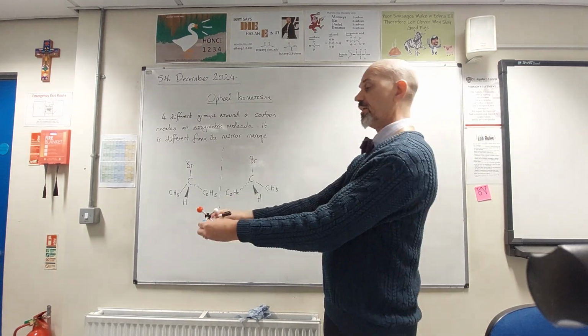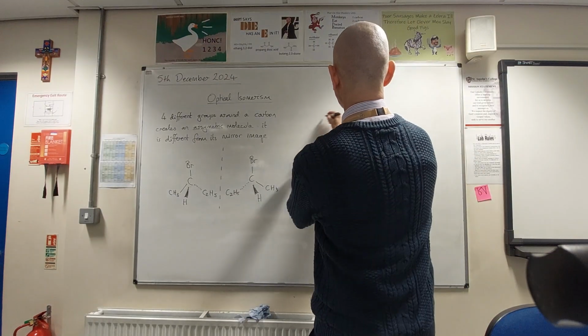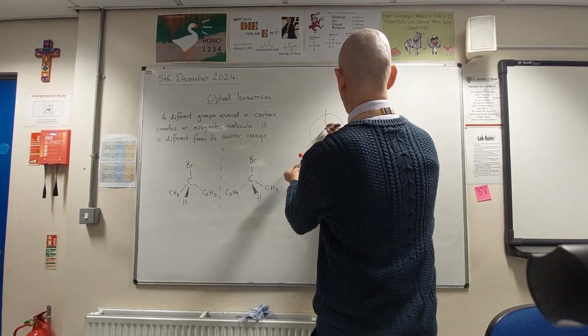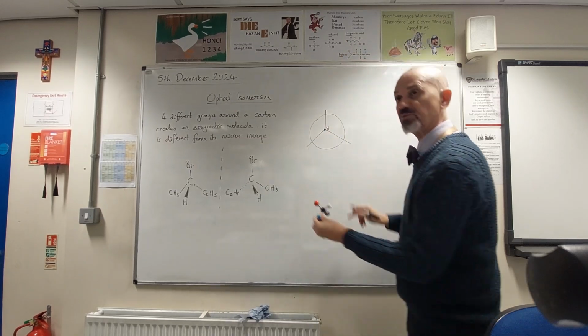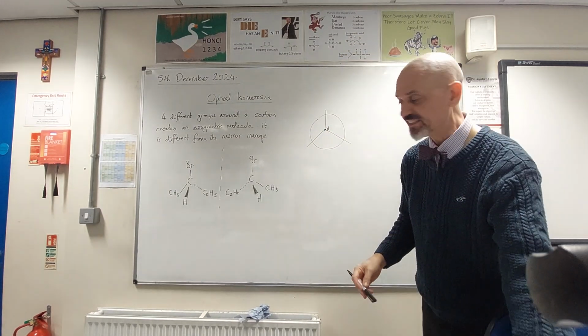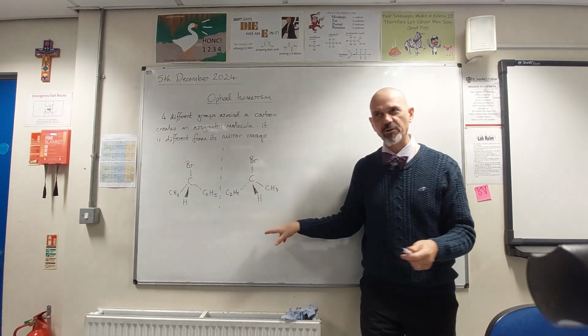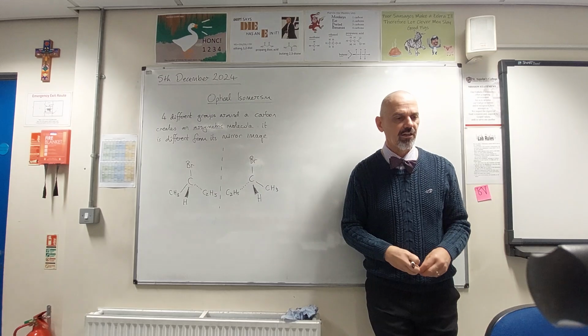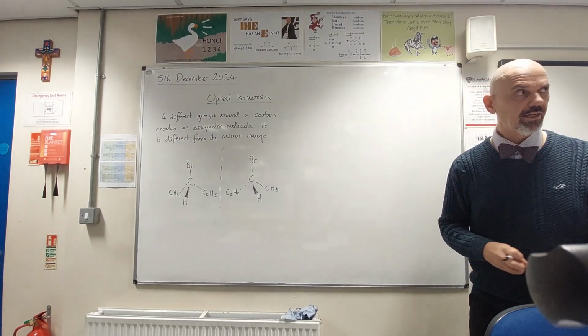For example, I could stare at the hydrogen like that, and then draw the molecule with the hydrogen right on top of us and the 3 groups around that. There are different ways you can represent it, but this is the way that you should be familiar with and that we're going to use exclusively.